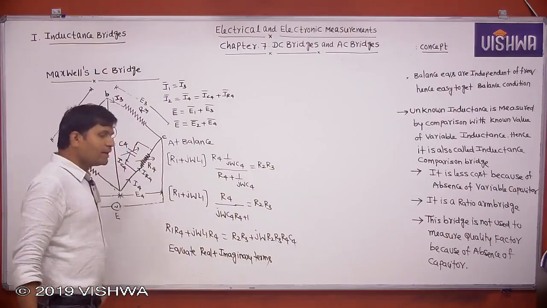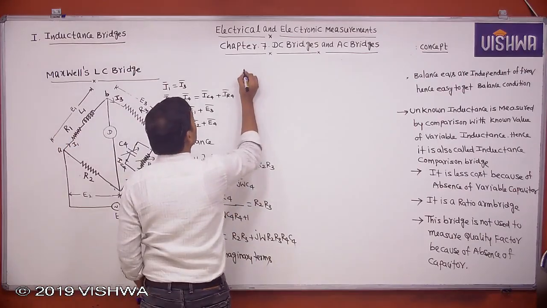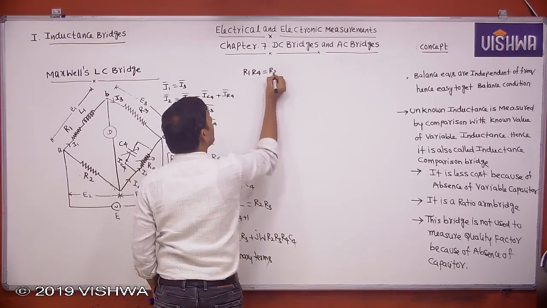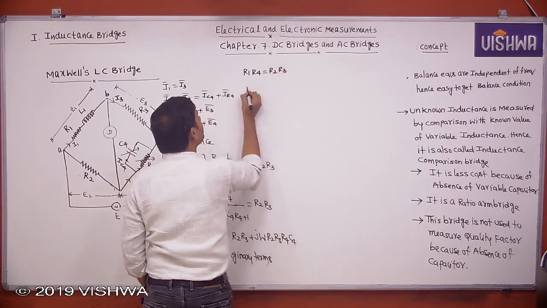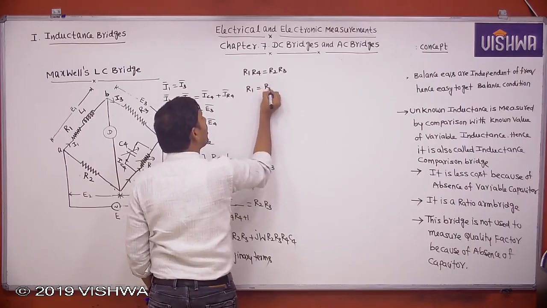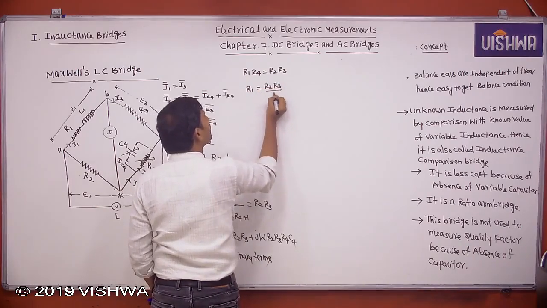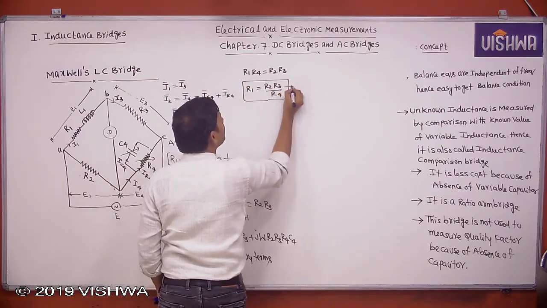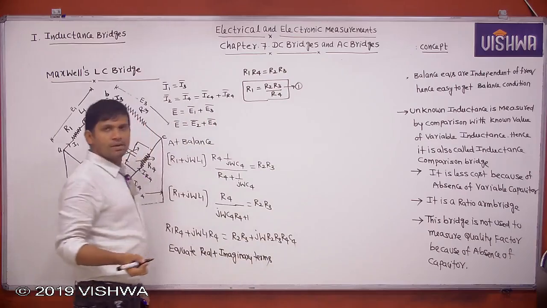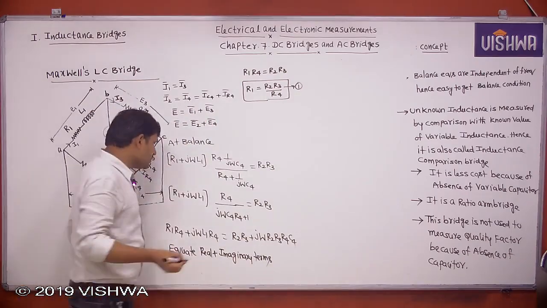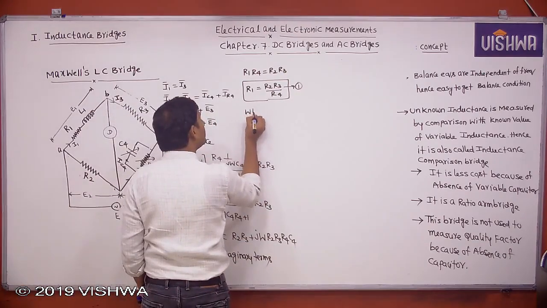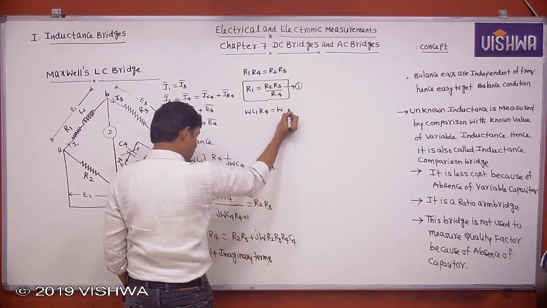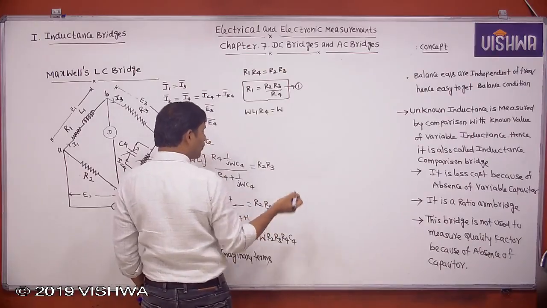Then what is R1 R4 equal to? R2 R3. Then from this R1 equal to R2 R3 by R4. Okay, this is unknown value in terms of known value. Then equate imaginary terms. Omega L1 R4 equal to omega R2 R3 R4 C4.